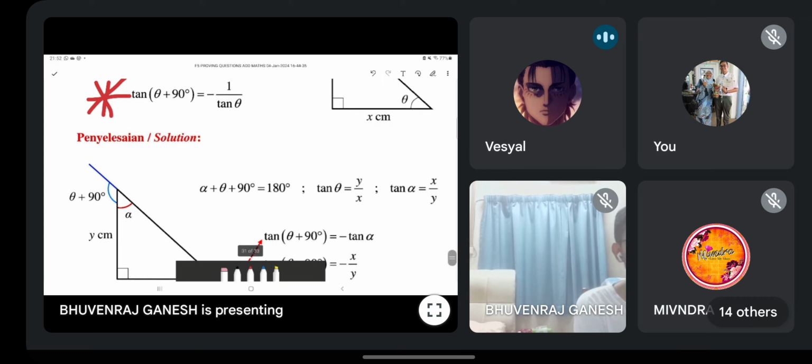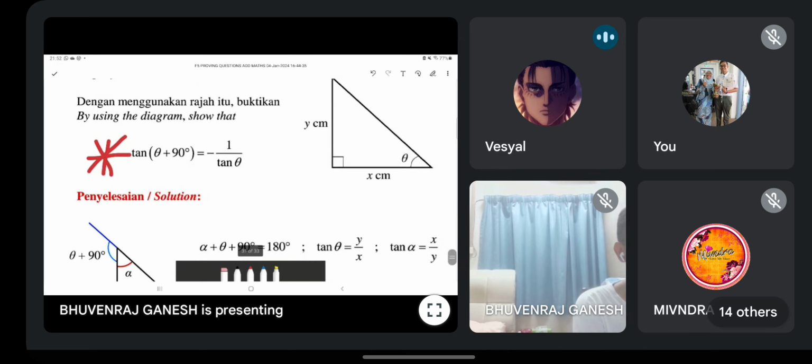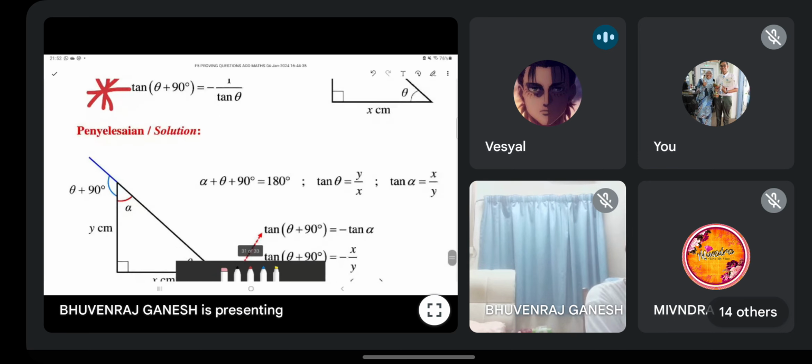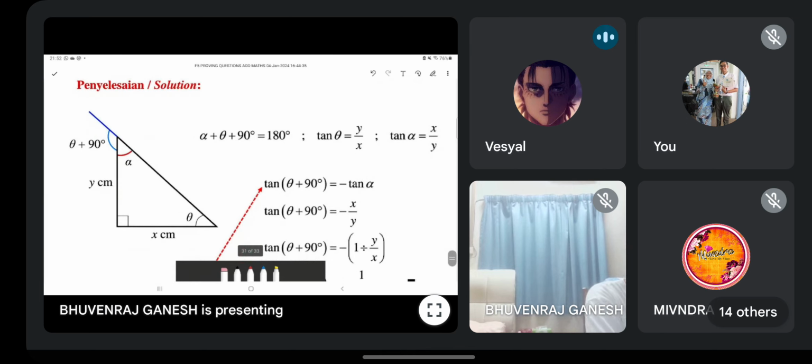Okay, so our next step is actually just finding the angles. So we have a triangle with sides x and y, and it's a right angle triangle, so 90 degree. So our next step is to actually declare the other angle. We'll make it as alpha. So alpha, they didn't denote right here, but alpha is actually 180, which is the total degree of a triangle, minus 90 minus theta.